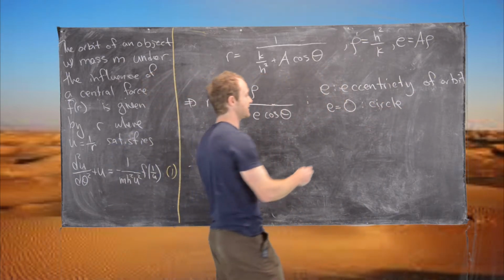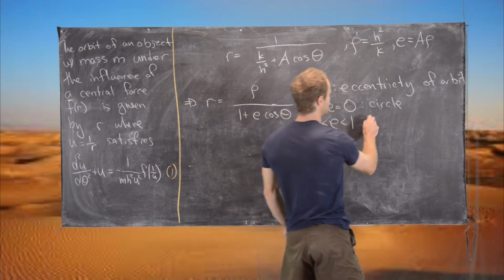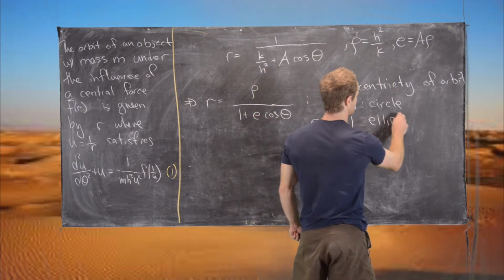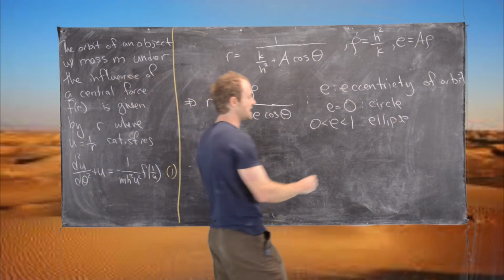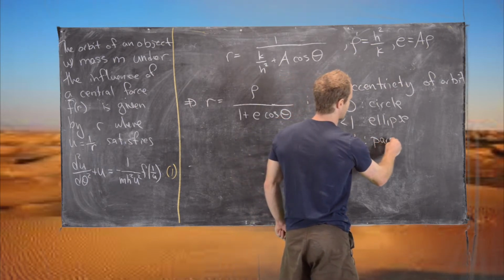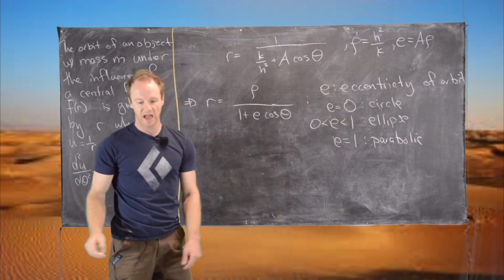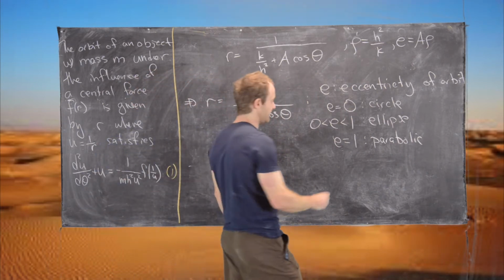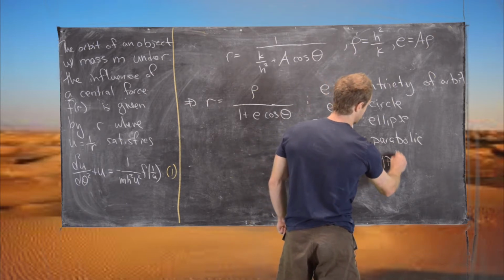Great. And then if e is less than 1 but bigger than 0, this gives us an elliptical orbit. And then if e equals 1, this gives us a parabolic orbit. And then finally, if e is greater than 1, that gives us a hyperbolic orbit.